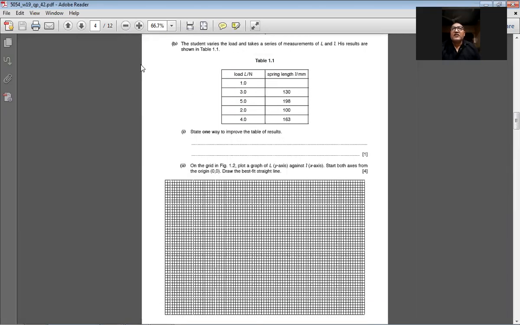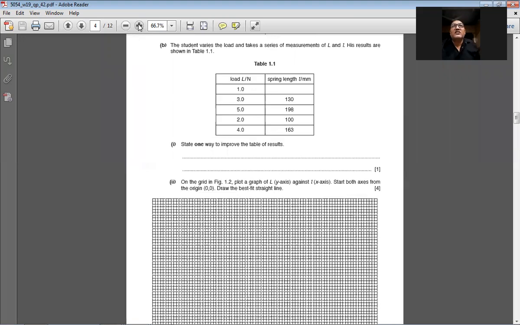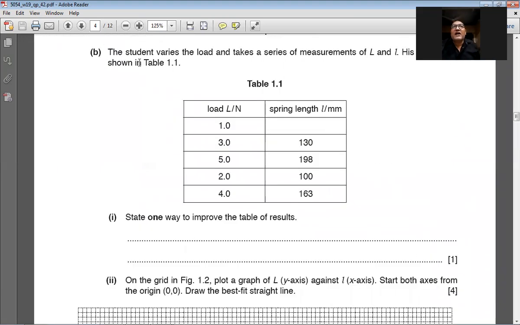He says, on the grid in figure 1.2, plot a graph of L, which means the load, on the y-axis against small l, which is the spring's length, on the x-axis. Start both axes from the origin, which is 0, 0. Draw the best fit straight line. So this is a 4-mark question.